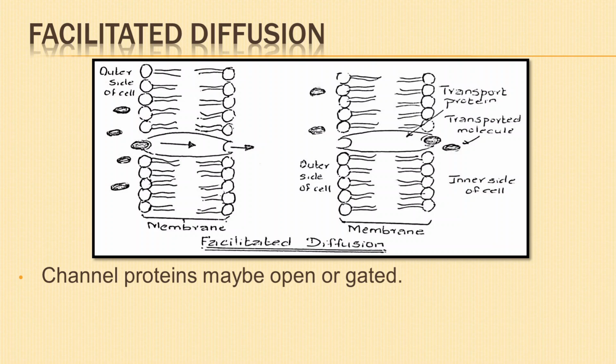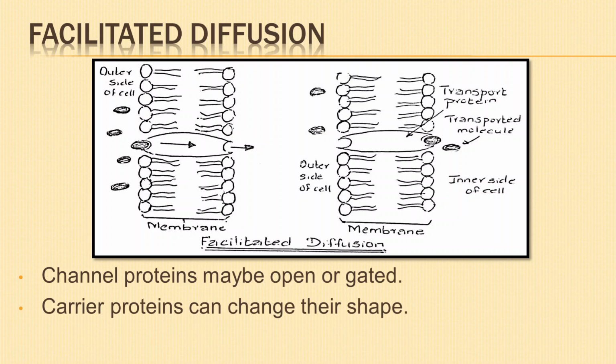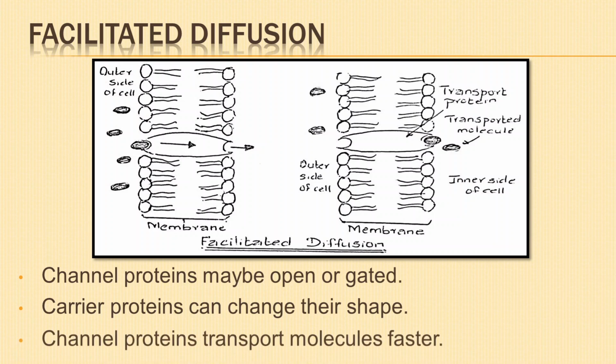The channel or gate opens only in response to specific conditions or in the presence of some specific substances. Carrier proteins can change their shape to help a target molecule to cross the membrane. Channel proteins transport molecules much faster than carrier proteins.